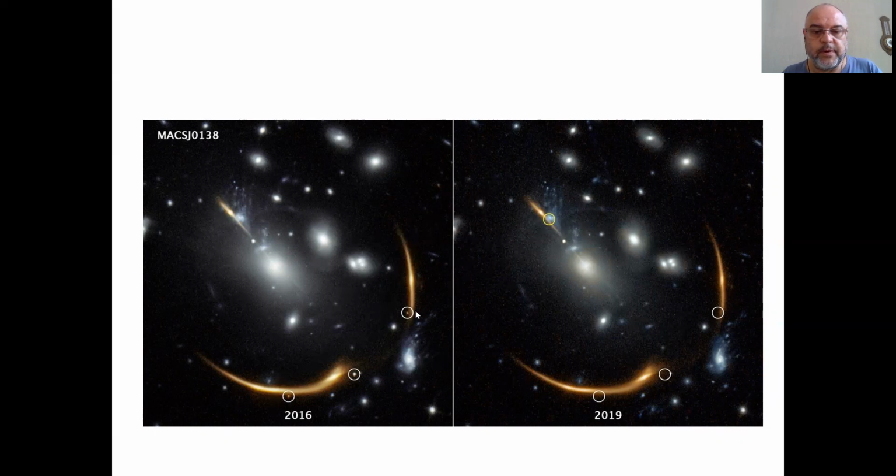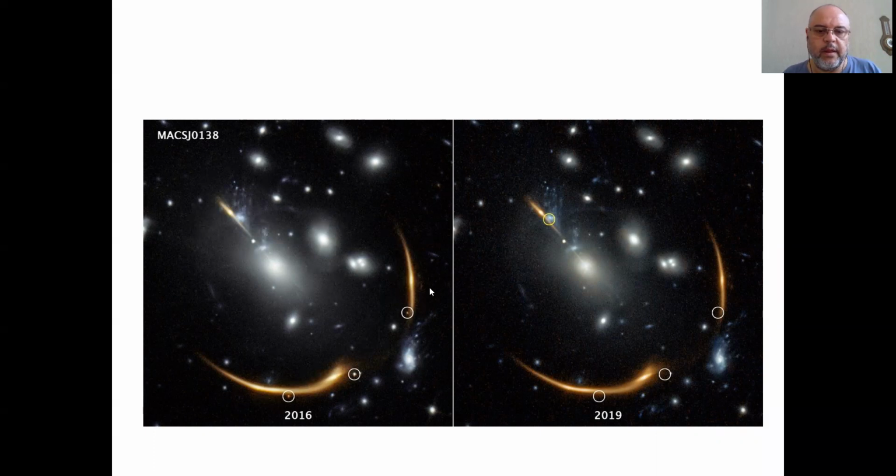You can see the supernova here. This is the supernova and the star in this place, and these two images are the distorted images from the original one.